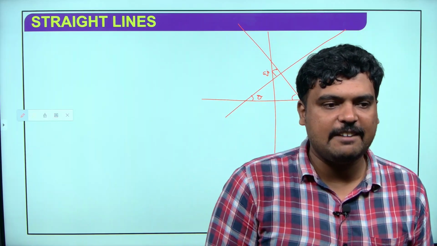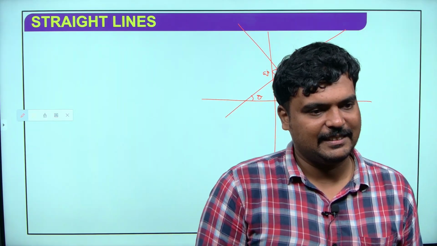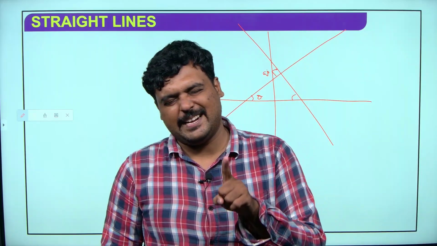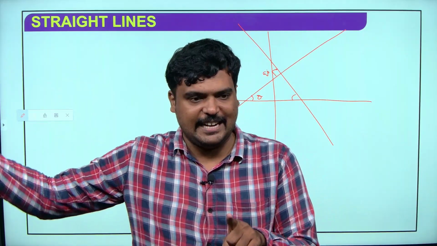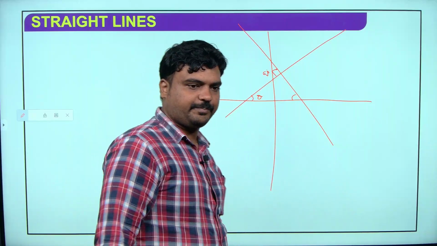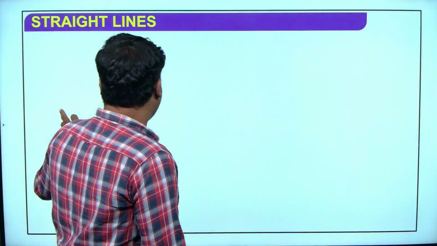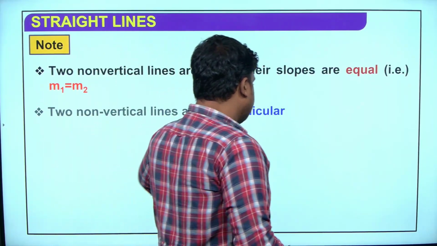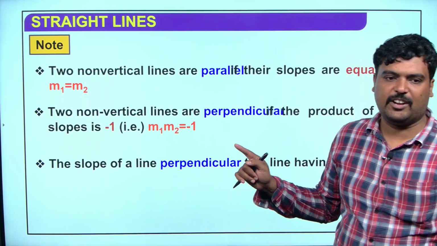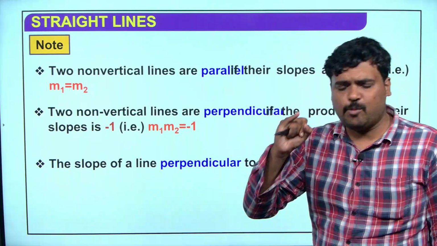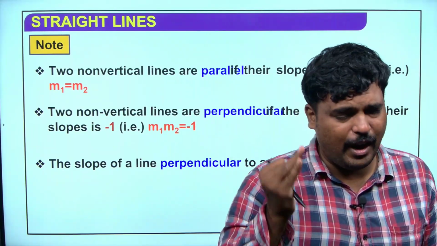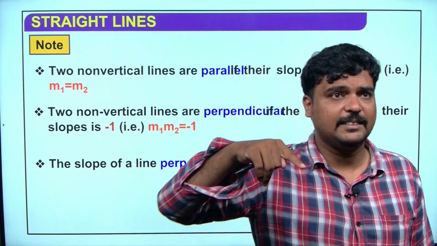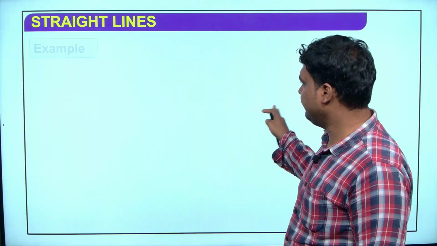In the second quadrant, tan will be negative. The slope will be the same, but it will be negative. So tan(pi minus theta) is equal to minus tan theta. That's why perpendicular lines have M1 times M2 equal to minus 1. Are you getting this? M1 equal to M2 is for parallel lines. M1 into M2 equal to minus 1 is for perpendicular lines.